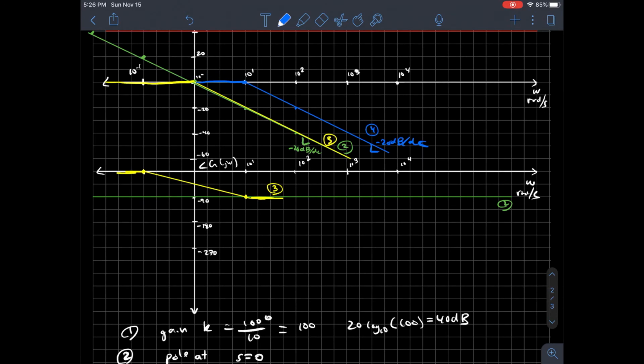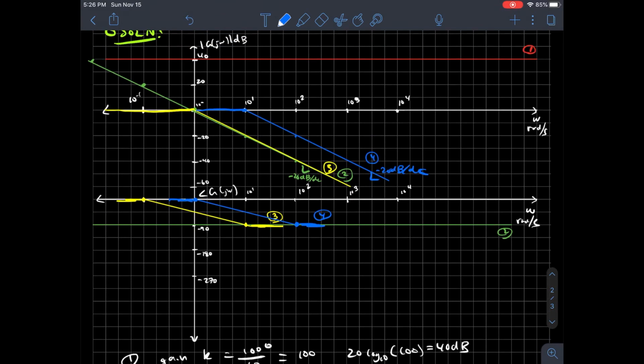And with the phase, it's going to start at 0 and go to negative 90, taking 2 decades to do so. So that's my contribution from 4.